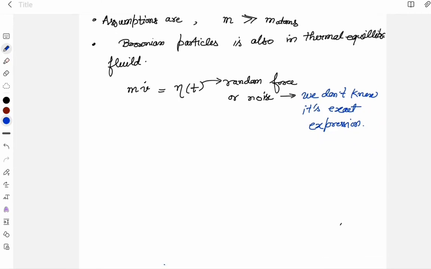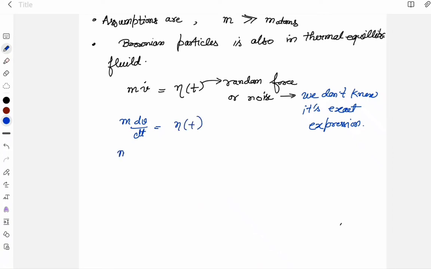Now let us integrate this equation. So this is m dv by dt equals eta t.